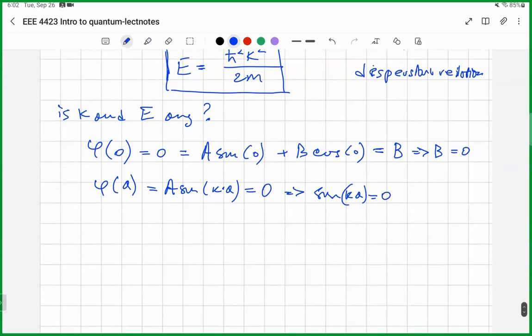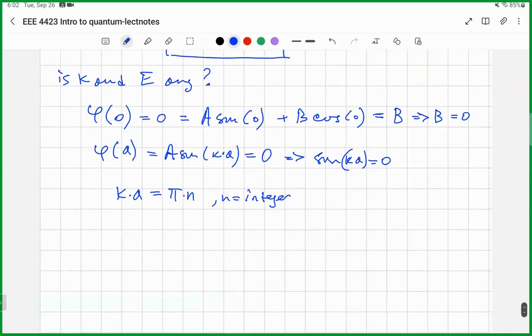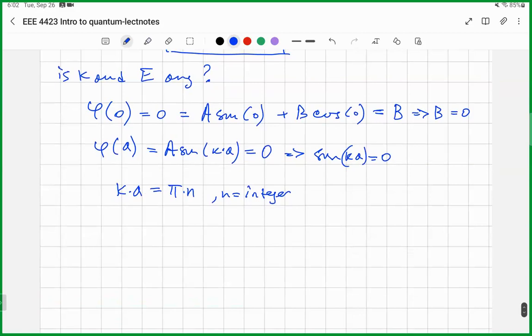Which means that k times a is to be equal to pi times n, for any n a positive integer, like 1 pi, 2 pi, 3 pi, sine is always equal to 0. Okay, so we conclude that k is equal to pi n over a.